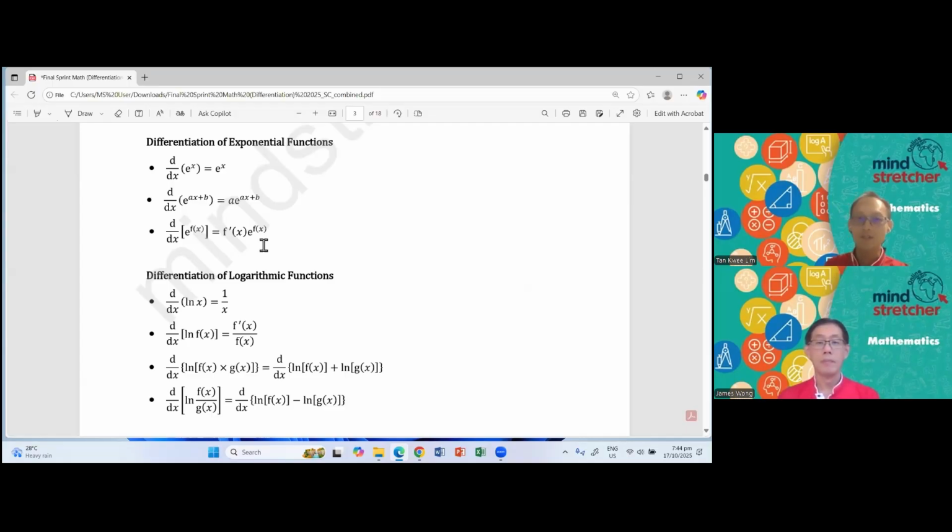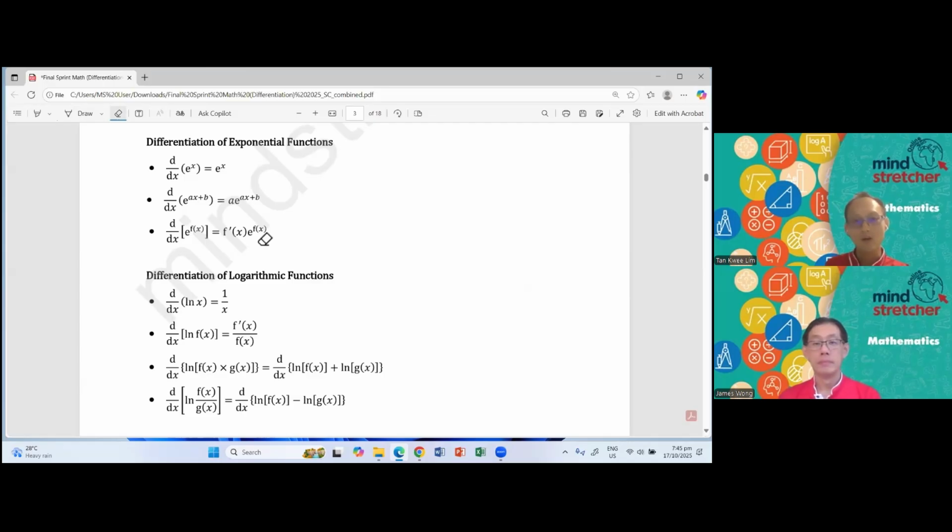It is also considered a chain rule, where we differentiate the ax plus b portion, and the derivative is only a. So it becomes a times e to the power of ax plus b.